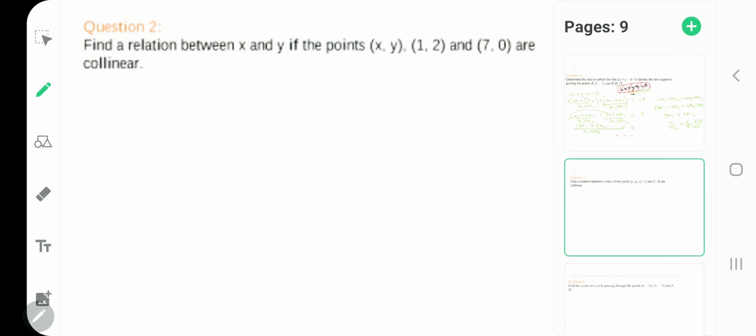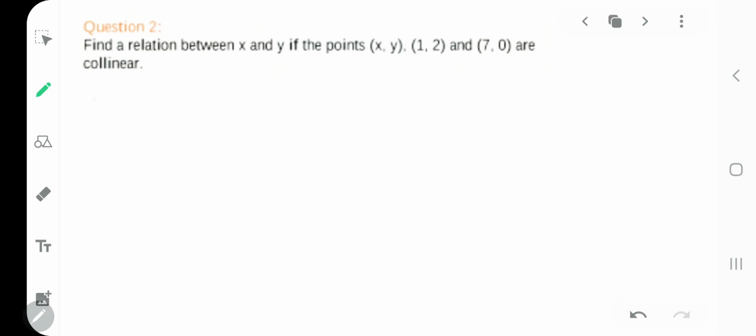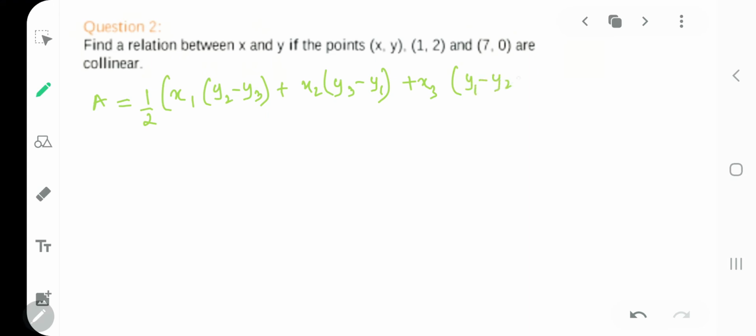And if they do not form a triangle, that means the area of the triangle, half [x1(y2 - y3) + x2(y3 - y1) + x3(y1 - y2)], will be equal to 0, because they do not form any triangle, so the area will be 0.